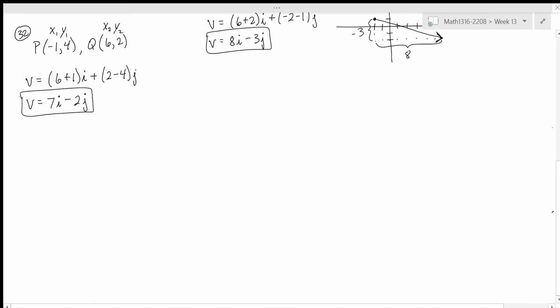And so if I was to plot these 2 points on the graph, I can already tell that I'm going to go over 7 to the right and down 2, because that's the x component and the y component of the vector. Now, is that satisfactory? Can I move on to the next type of problem? All right, here we go. Next problem, number 39.